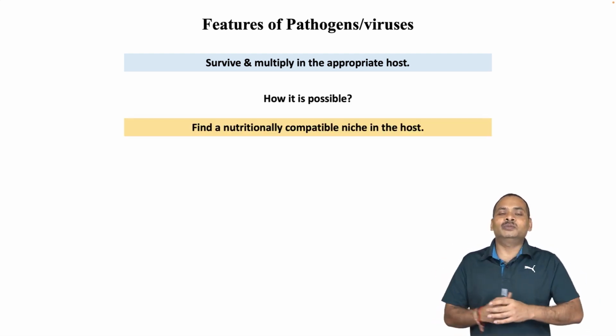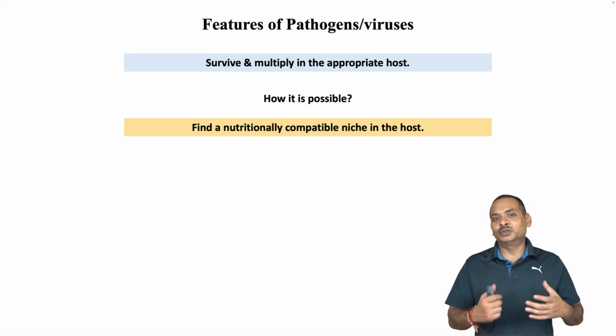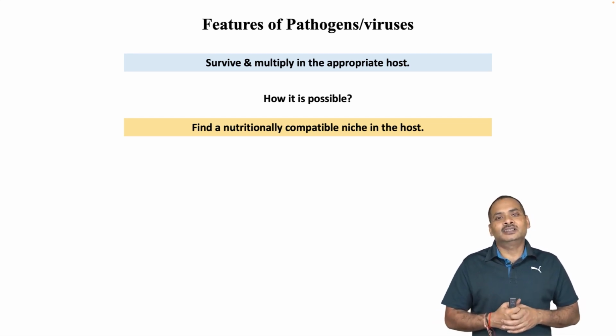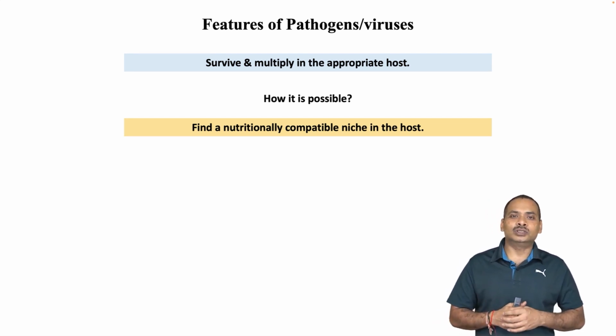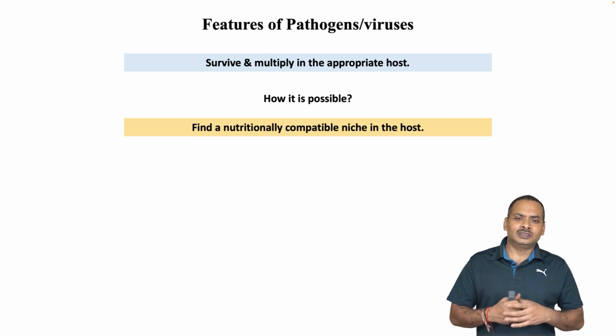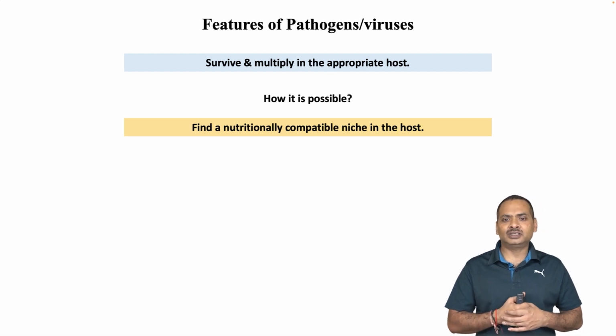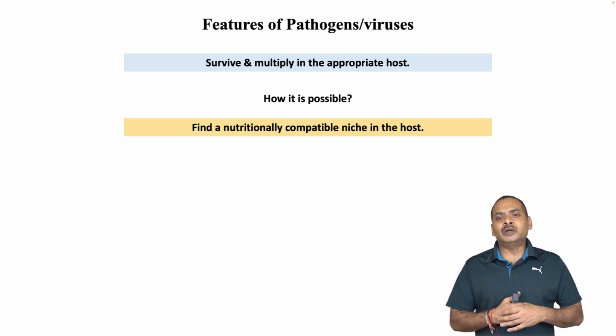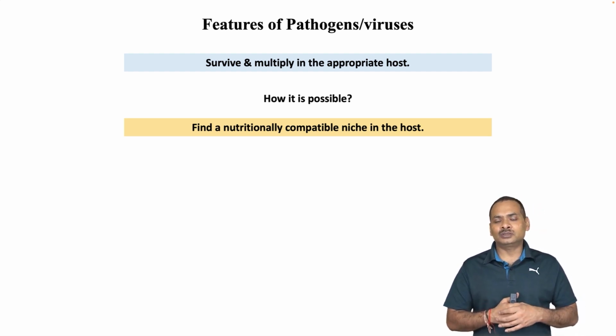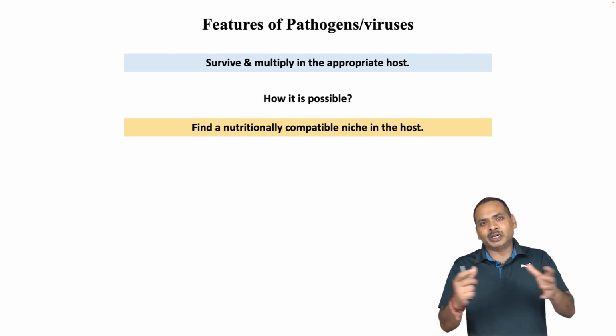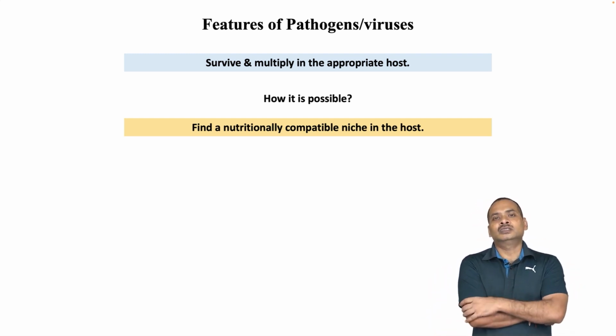Human or any animal is a very good source of food. The host is nutritionally rich, with a compatible niche, so this is a very compatible environment for the pathogen.